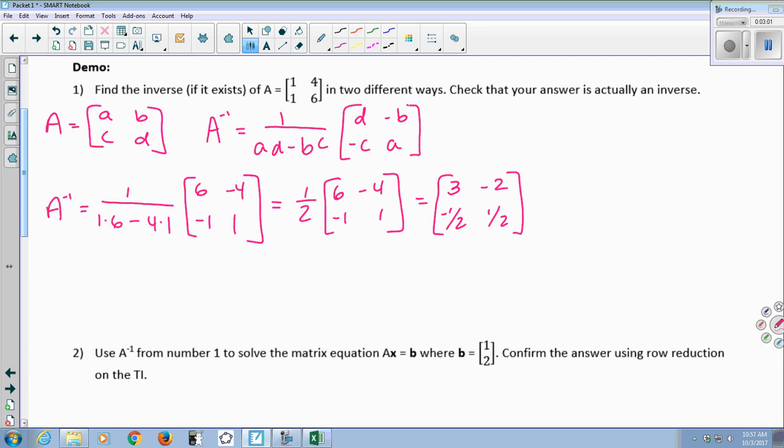I'm going to show you another way to find the inverse using your calculator and RREF. And then once we verify that it comes out the same both ways, I'm going to use the definition of an inverse to verify.